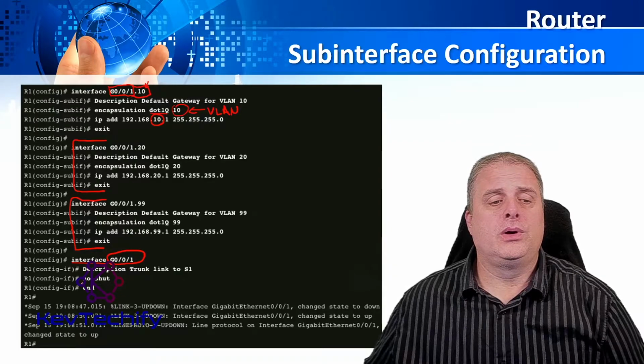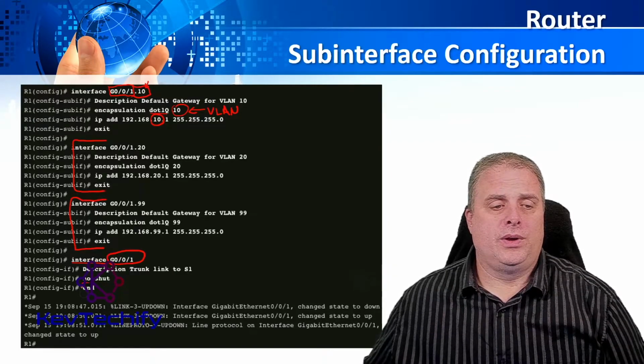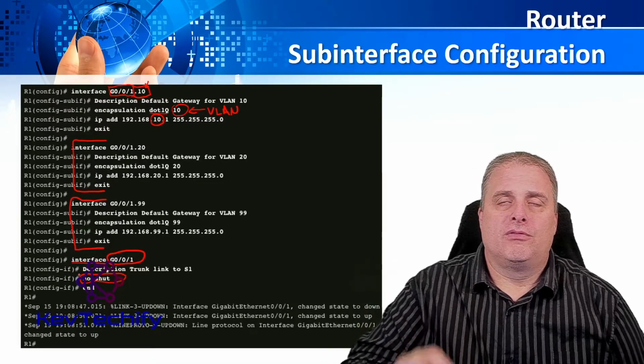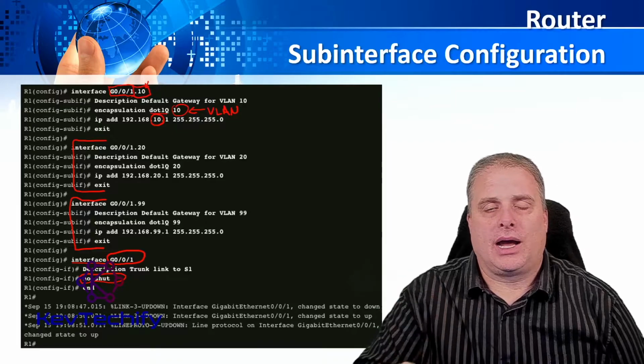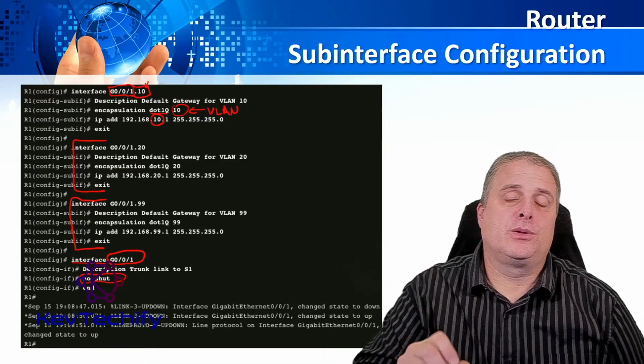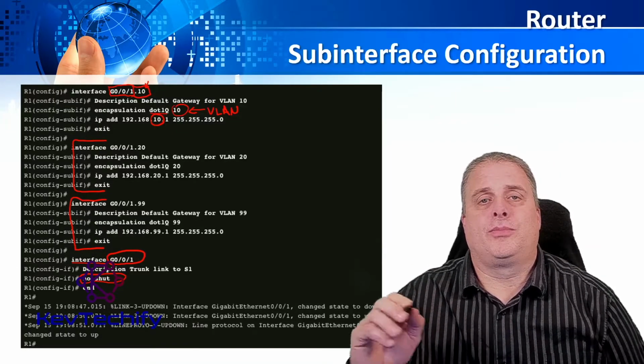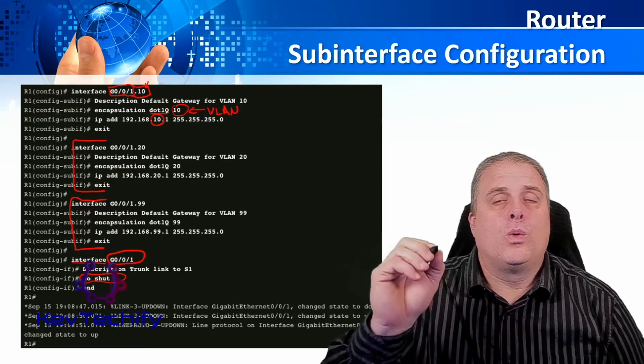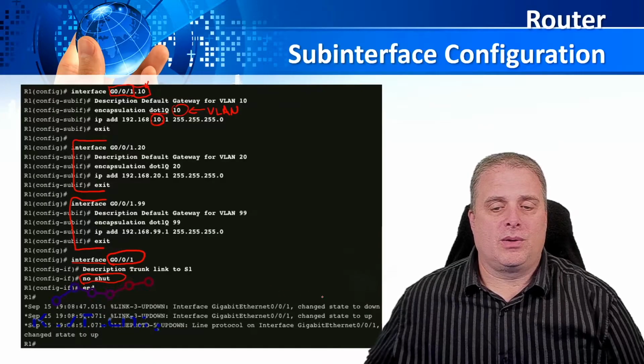And then we do what a lot of people forget. We do the no shutdown. We activate that port. Remember the rule here, virtual ports on a router, they're on by default. Physical ports on a router, they're off by default. They're deactivated, so you have to go in and turn them on. Once you do that, you should get some system updates.